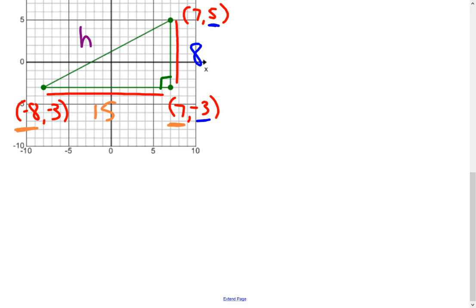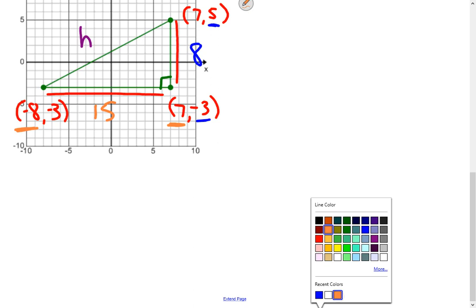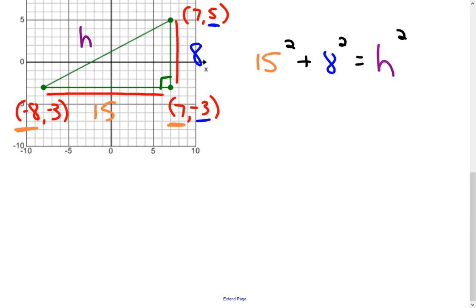So I go back and I'm going to call 15 my A. So we have 15, we then have to square it, add on our B, which in this case is 8, and then square it, and it's going to equal h, our hypotenuse, squared, which a lot of times we use C for that one, but in this case I'm just going to call it h because that's what I labeled it right here.